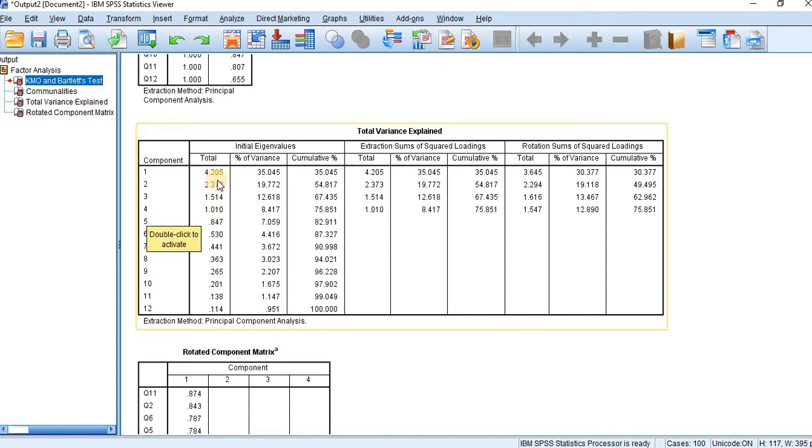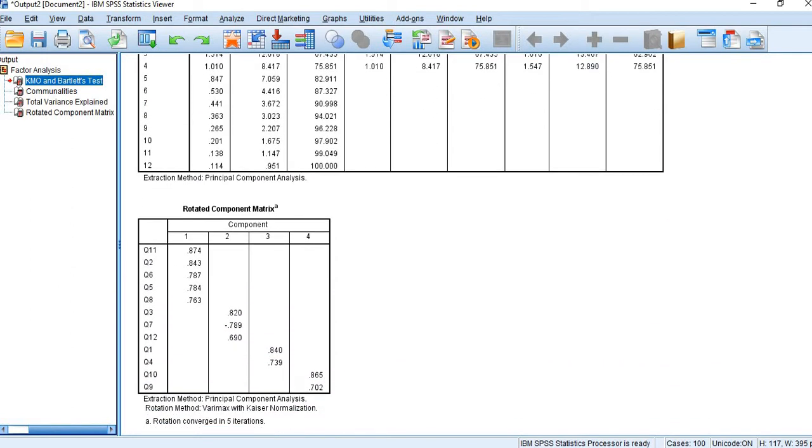First factor eigenvalue is 4.205, second factor eigenvalue 2.373, third factor eigenvalue 1.514, fourth factor eigenvalue 1.01. The total variance extraction is 75%. Out of 12 attributes, 75% of score has been extracted and pulled for the factors. And by rotating, we got the 4 factors. Every factor score is more than 0.5.